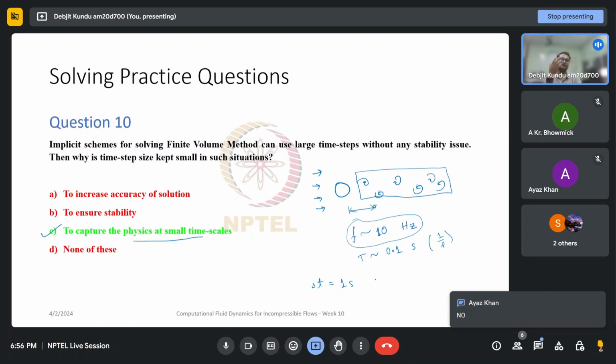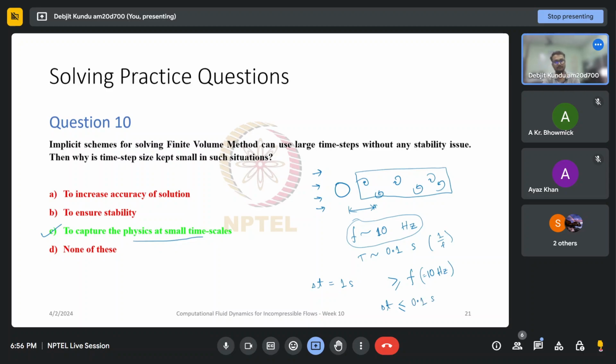So the frequency at which I'm running my simulation has to be greater than or at least equal to the frequency of the system, which is 10 hertz in this case. And that's why my time step has to be less than or equal to 0.1 second. Does that make sense? Any questions on this?